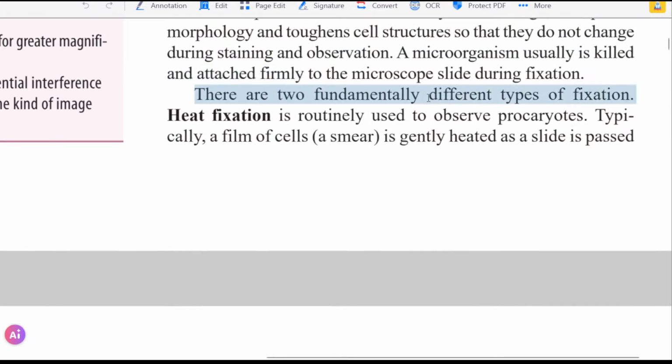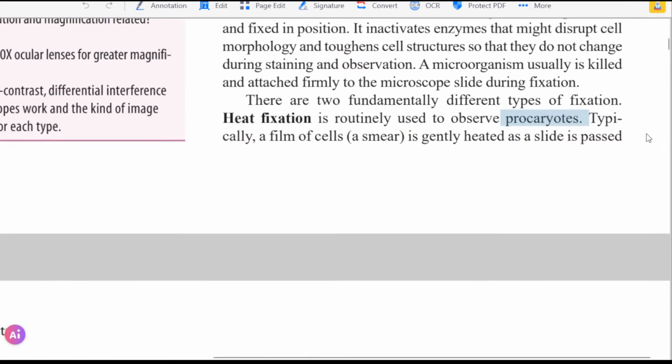There are two fundamentally different types of fixation. Now they are telling us heat fixation is routinely used to observe prokaryotes. By the name of heat, it is quite visible that heat is for killing most of the microorganisms. And by prokaryotes, this means bacteria or archaea.